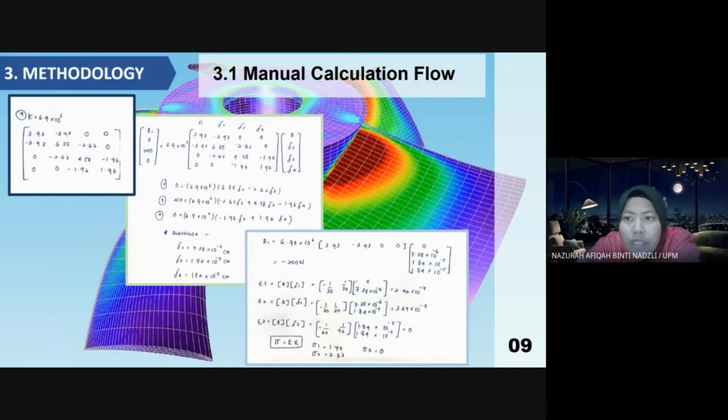So we get the strain. After we get the strain, we can calculate the stress, where the stress equals E times strain. So as you can see, the stress for element 1 is 1.7, stress for element 2 is 2.53, and stress for element 3 is 0.